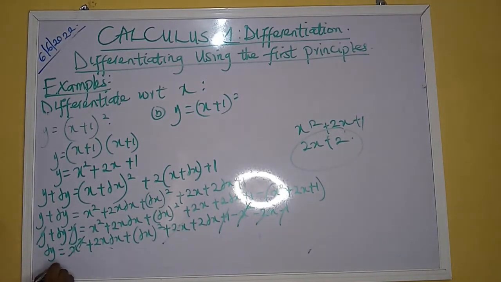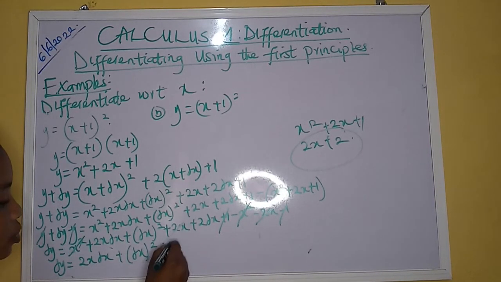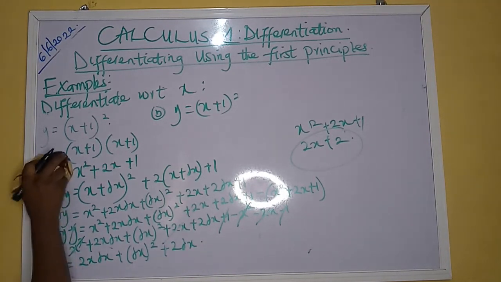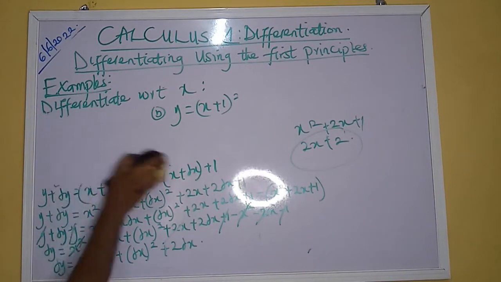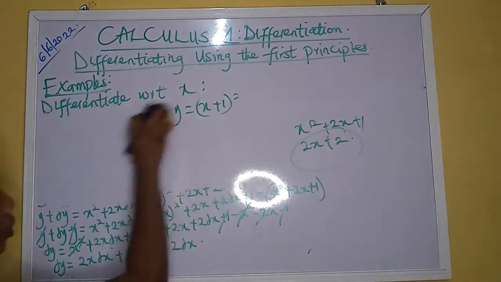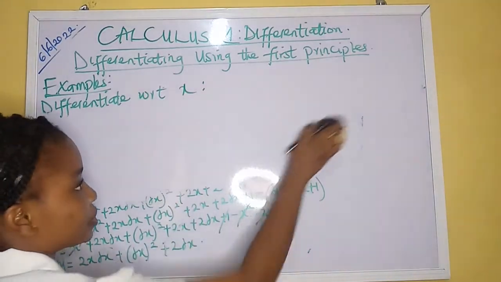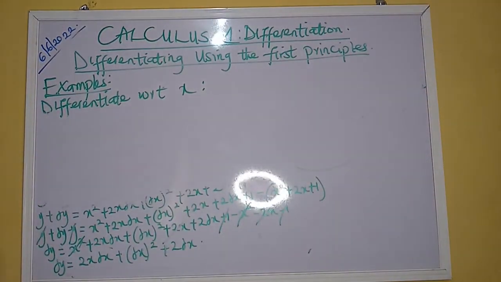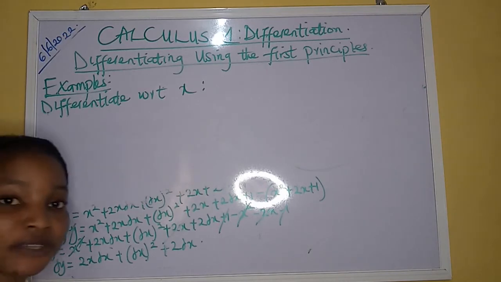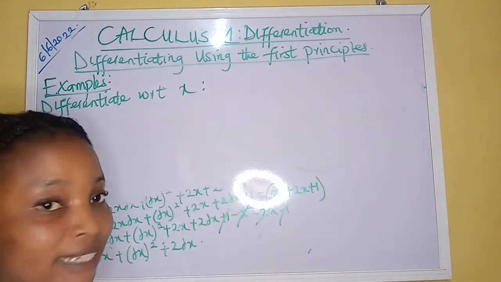So we have dy becomes 2x dx plus dx squared plus 2dx. I'm sorry my board is small, but I guess we're following everything step after step. The next thing to do is to divide both sides by dx.